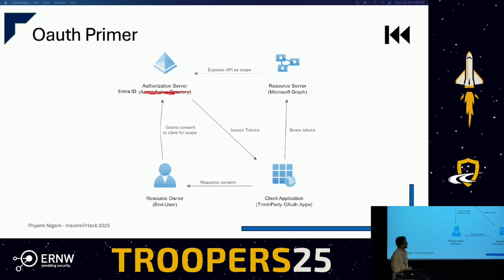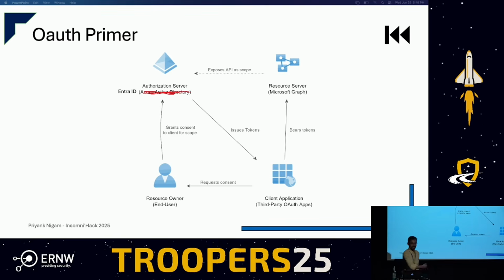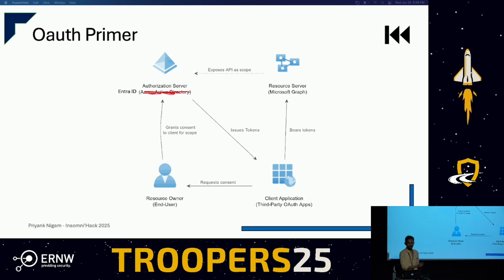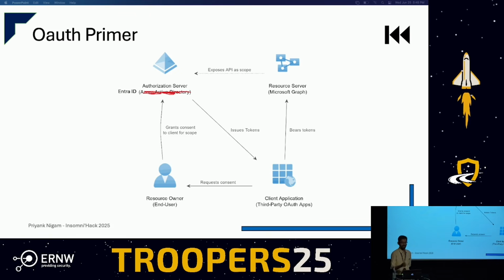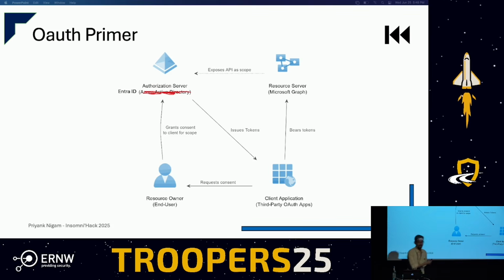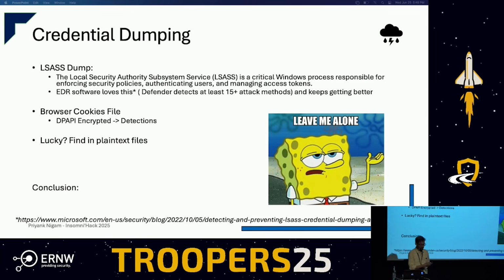The funny thing is that several first-party applications are already pre-consented in your environment. So for example, think OneDrive or Outlook or stuff like that. The reason you just sign in once and then everything else is signed in on your behalf is usually because it's all pre-consented for first-party applications. So we're going to exploit this fact.